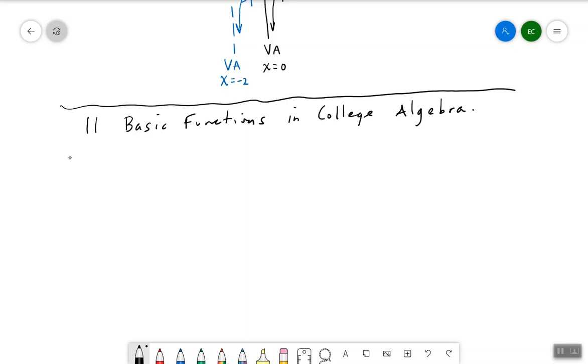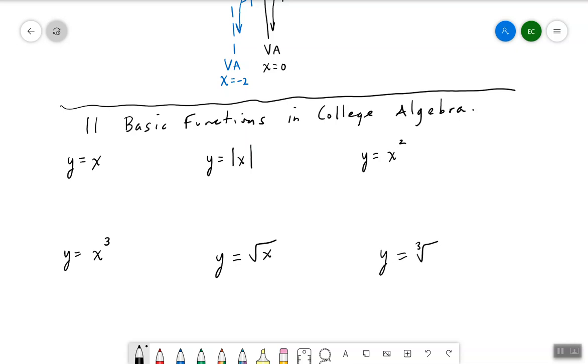So let's write them out. Let's write y equals x, y equals the absolute value of x. Let's write y equals x squared, y equals x cubed, y equals the square root of x, and the cube root of x.